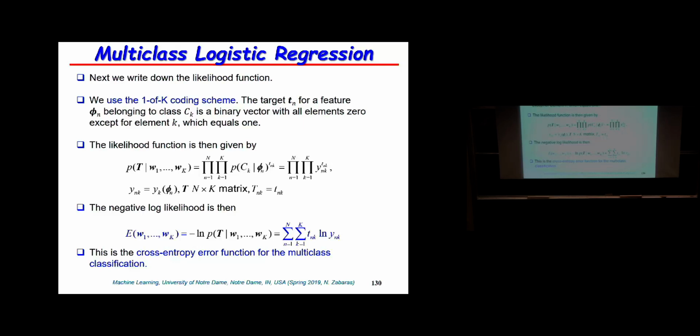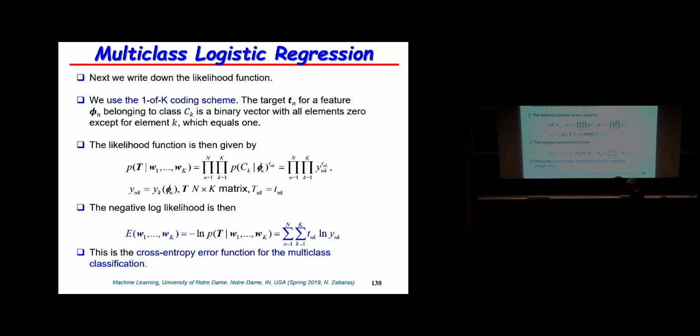You agree? So IID data, and then I put these posteriors to the power t nk, and this is a product over all the classes. But remember, for each point n, only one of these t nk's is equal to 1, the rest are 0. So you will only get the posterior of the class that data point belongs to.